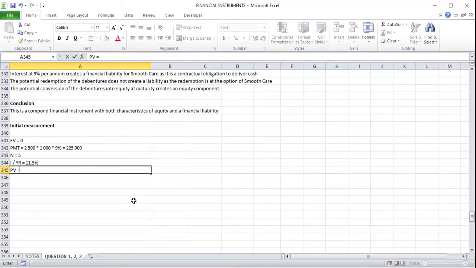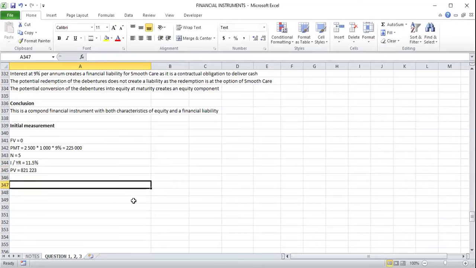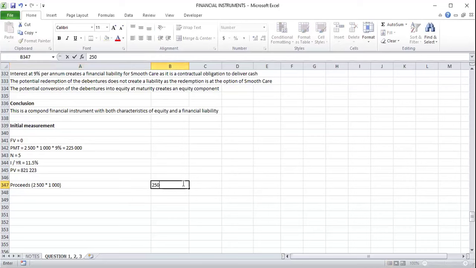What do we get? 821,223. Right. So then we have our proceeds, which is 2.5 million times 1,000, which is 2.5 billion.